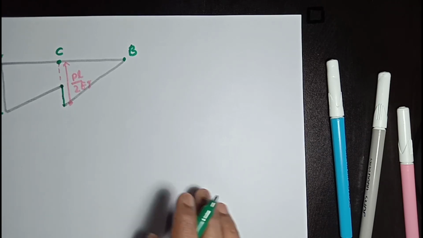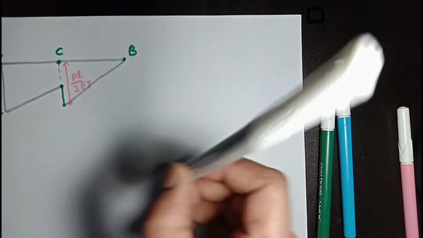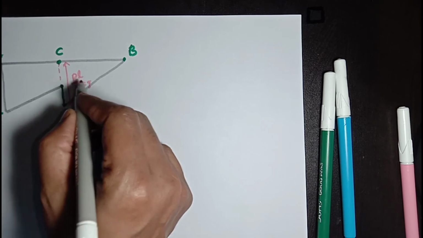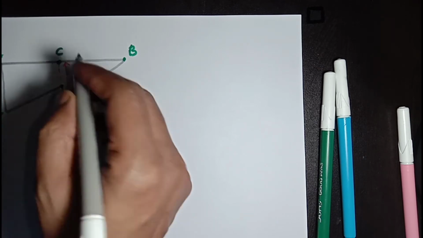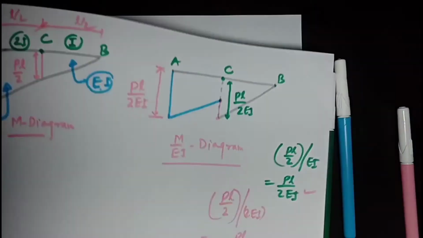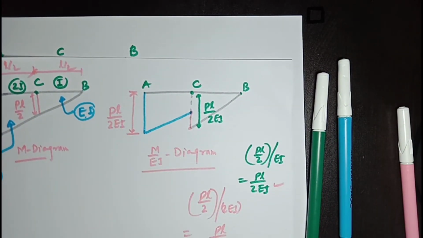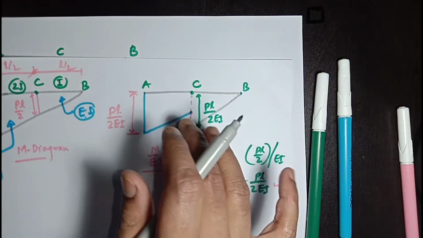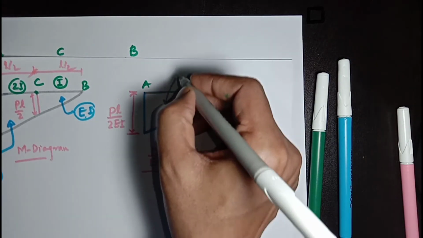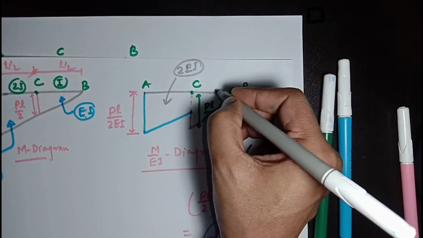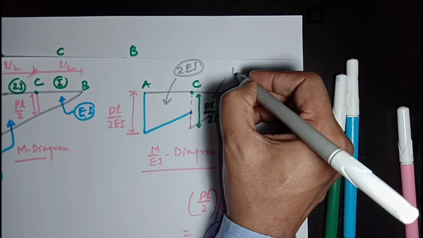As we have calculated, right of point C the M over EI value is PL divided by twice EI, and as I have explained, left of point C the M over EI value is PL divided by 4EI, as the left has a flexural rigidity of twice EI and the right has a value of EI.